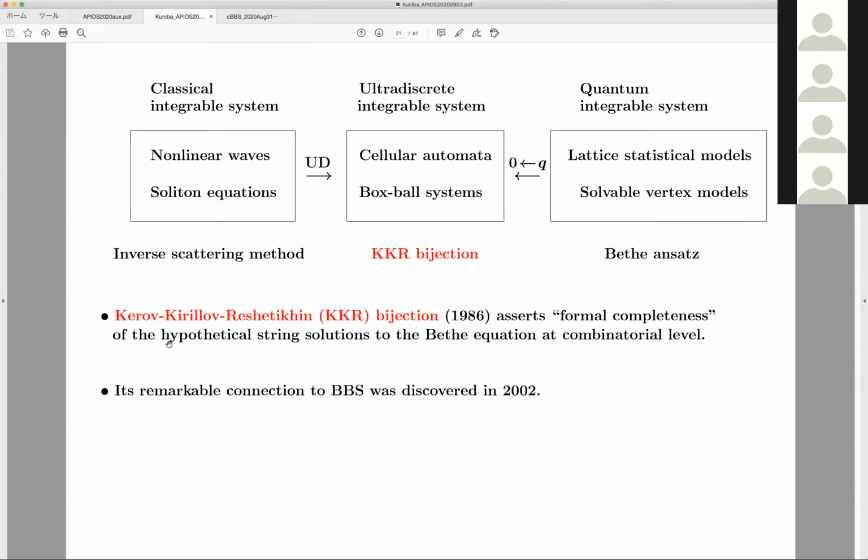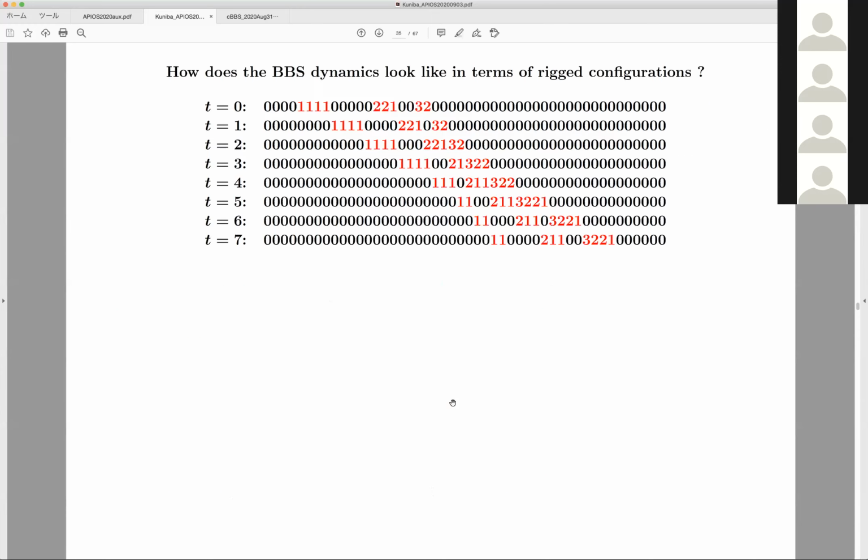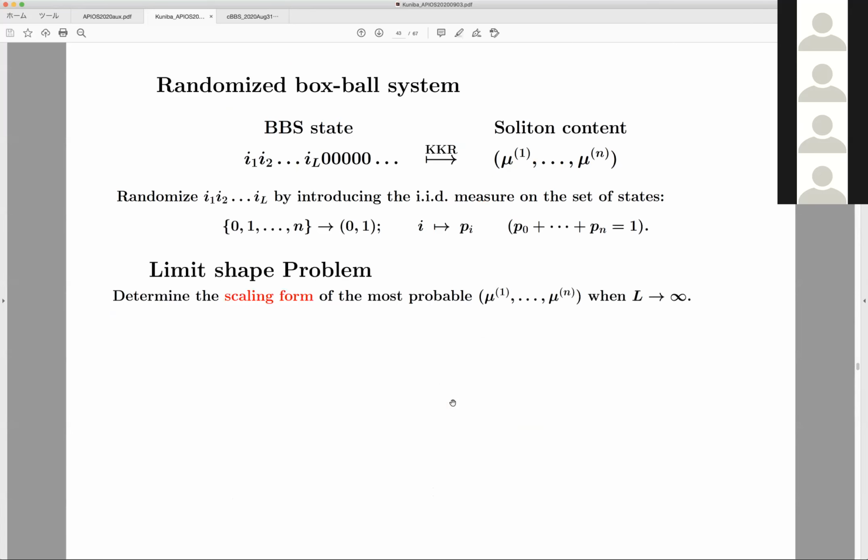What is the interpretation of that randomized system in terms of these cellular automata and Bethe and KKL and so on? Okay, so I haven't invented a microscopic reasoning model which leads to this randomization.